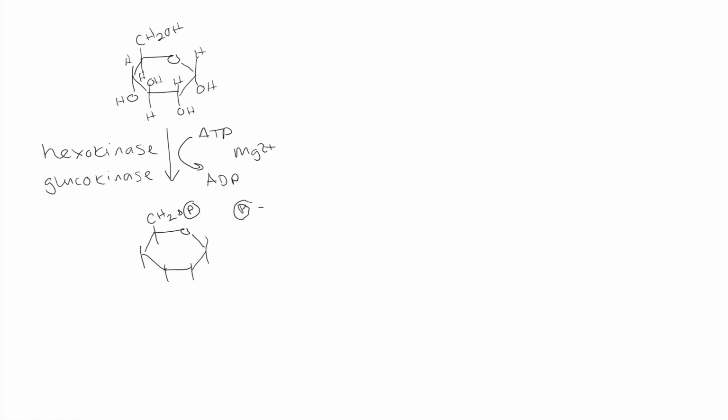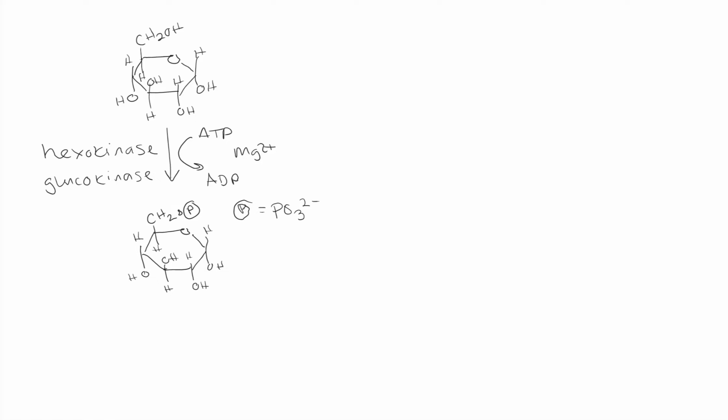Remember, this equals PO3 2 minus. Let me rewrite that. That's a little ugly. There we go. And everything else stays the same. The hydroxyls stay in the same locations. And we'll just put our hydrogens in.